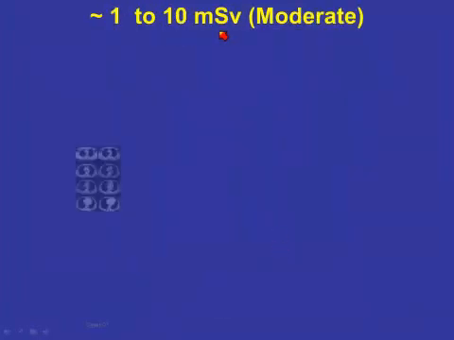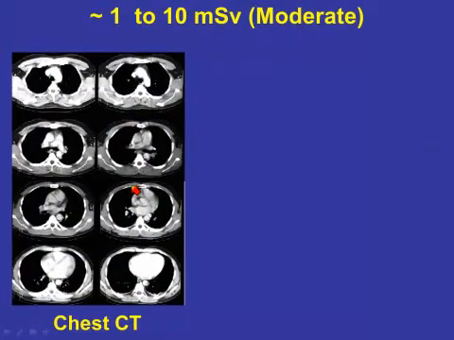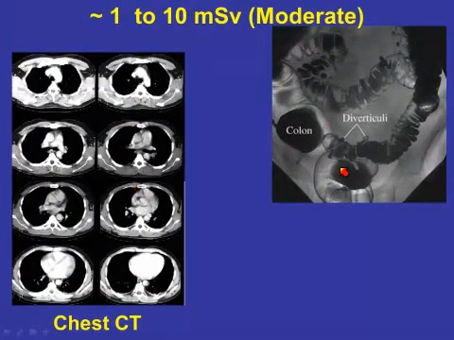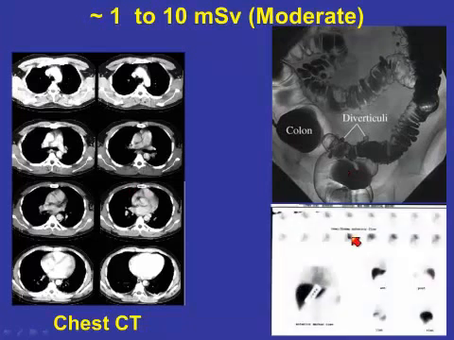There are moderate doses where a chest CT would be a good example, a GI-GU study, and a technetium-99m labeled radiopharmaceutical. The effective dose would be about 4 millisieverts, bang in the middle of this moderate range.